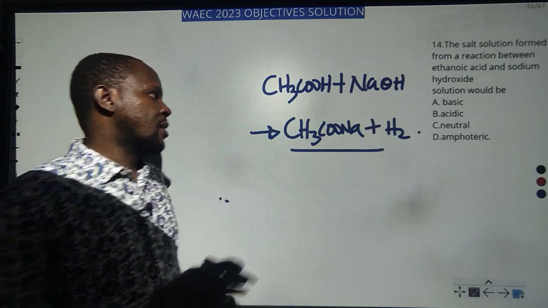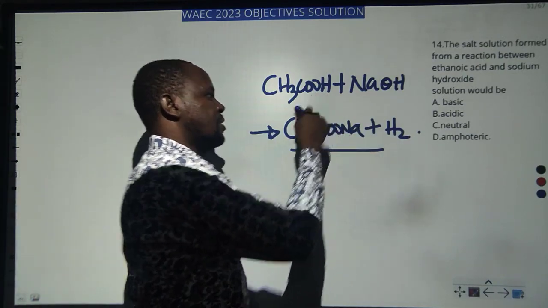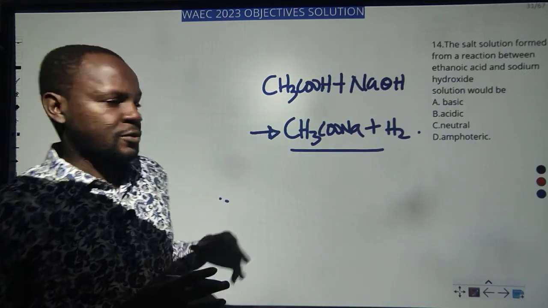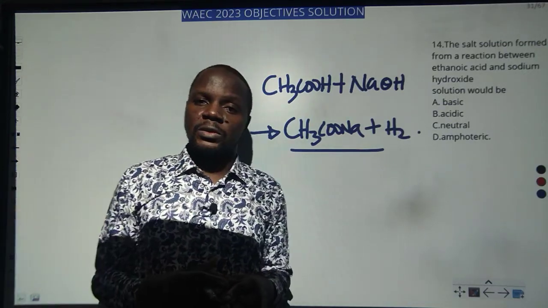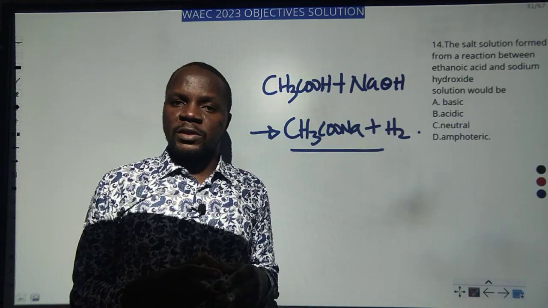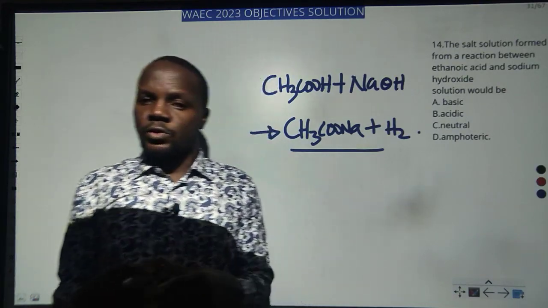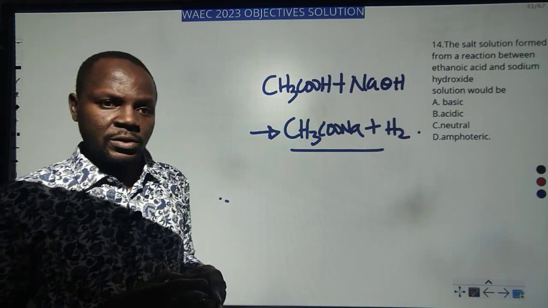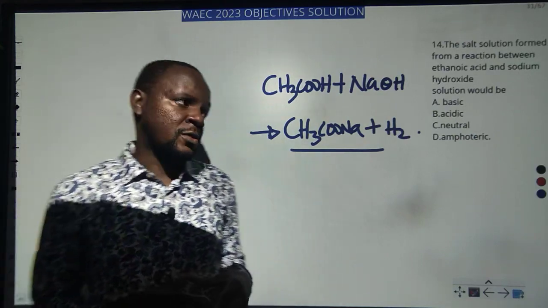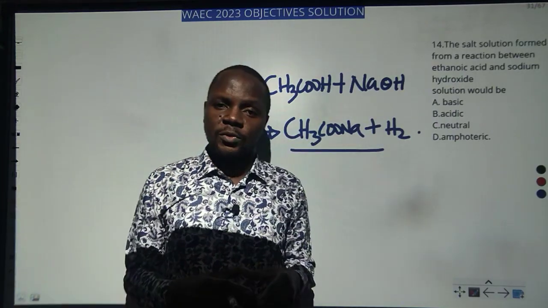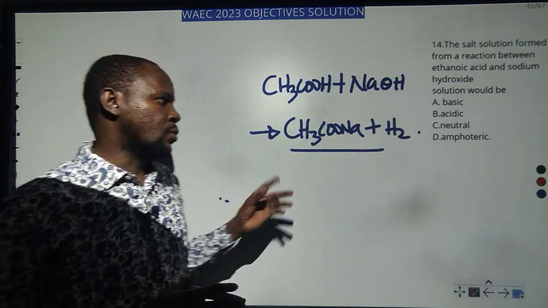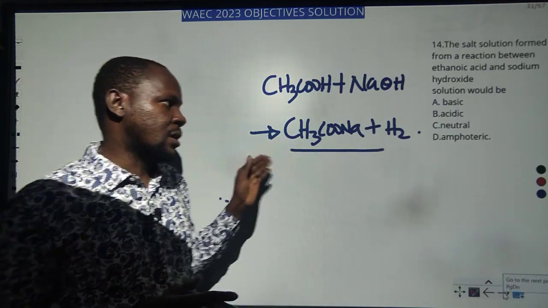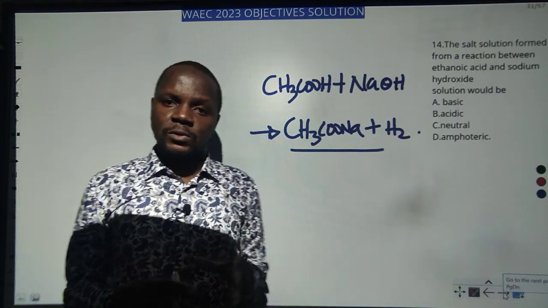Now, if you watch, guys, what have I removed? I have removed the hydrogen ion in this. Remember, when the hydrogen ion is not completely dissociated, you say it is an acidic salt. When it is the hydroxide ion that is not completely dissociated, you say it is a basic salt. Then when it is a normal salt, that is the one that is completely dissociated.